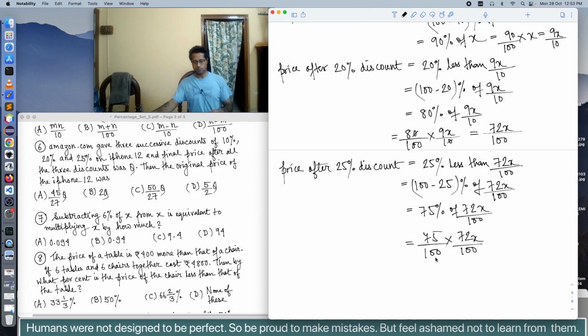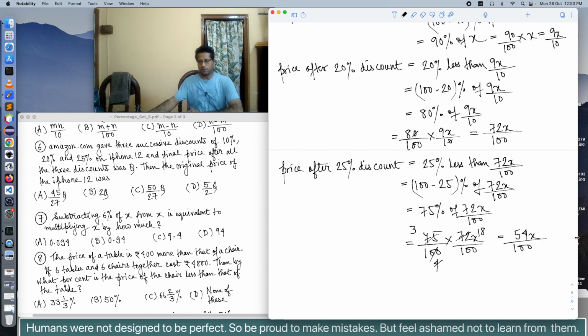After simplification, 25 cancels 75 with 3, 100 with 4, and 4 cancels 72 with 18. So this is equal to 54X by 100.